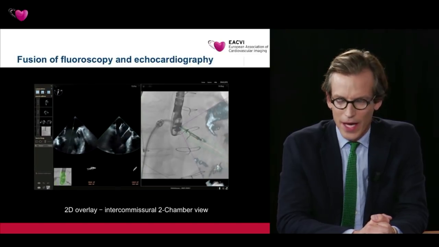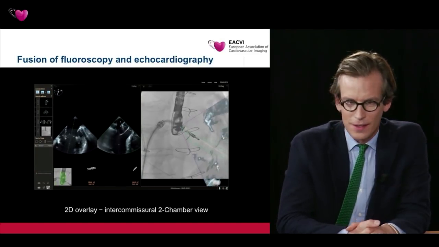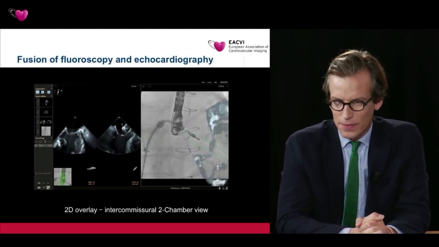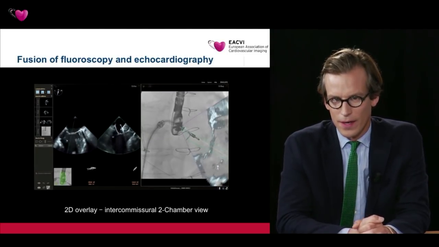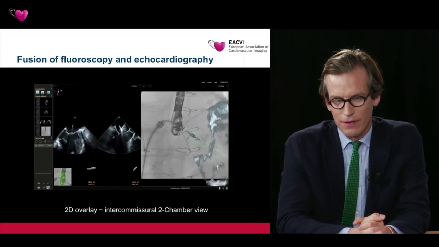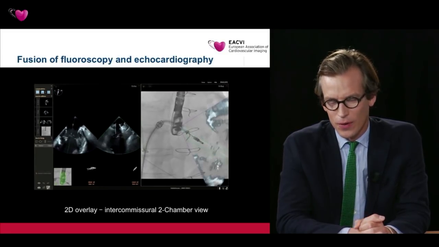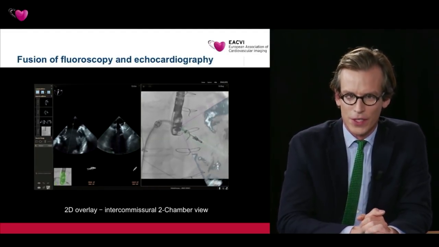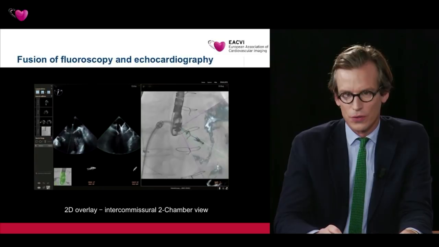And imagine you only looked at the fluoroscopy image without the echo overlay. You had no idea where you exactly were in regards to the mitral valve, and with this echo image on top you perfectly know that you're just above the central region of the mitral valve, A2, P2 region.